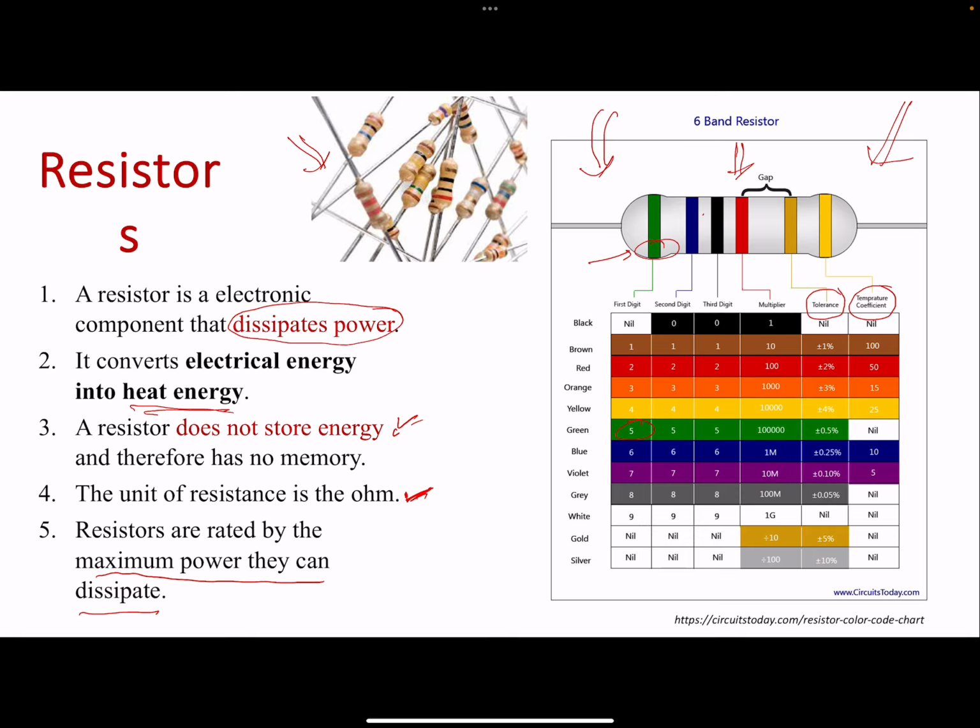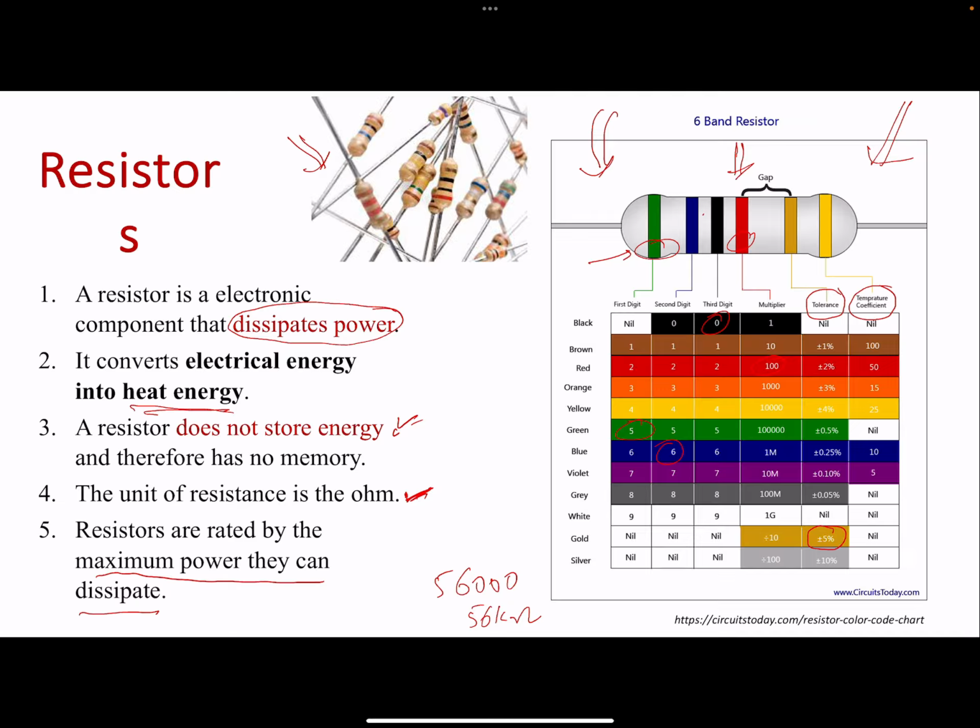The next one is blue, 6. The next one is black, 0. So the first digits are 5, 6, 0. Then we have a red, which is a multiplier, 100. So you end up getting a 56 kilo ohm resistor with a tolerance of plus or minus 5%.